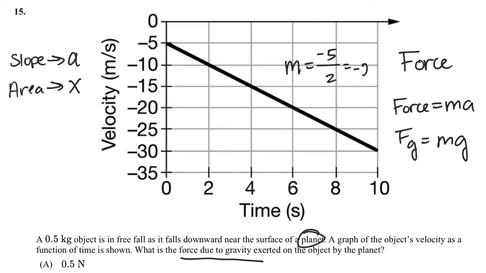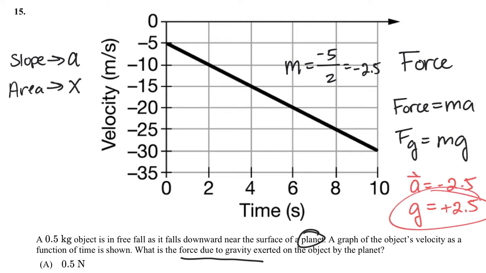Okay, so slope is negative 2.5, therefore acceleration will be negative 2.5. Since acceleration is negative 2.5, that means gravity is going to be positive 2.5. As you can see in recent equations, g tends to be positive, while acceleration is the one that has a direction in it.